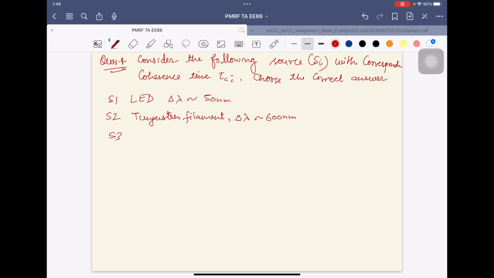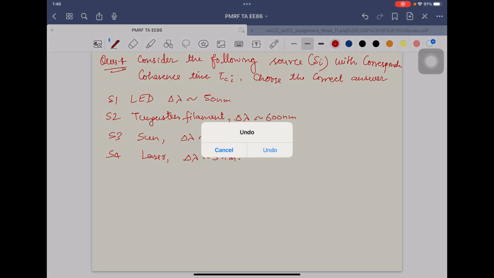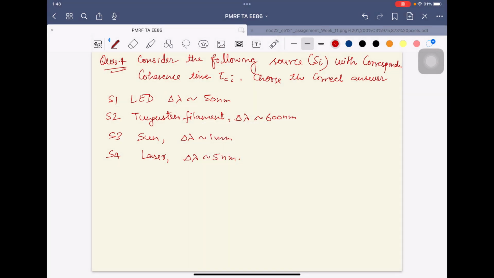Source 3 is given sun, which this delta lambda is around 1 mm, and source 4 is given laser, that is delta lambda is 5 nanometer. Okay, so what will be the answer?